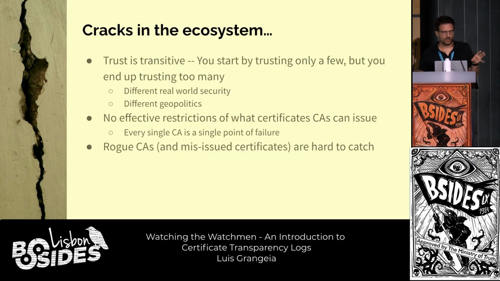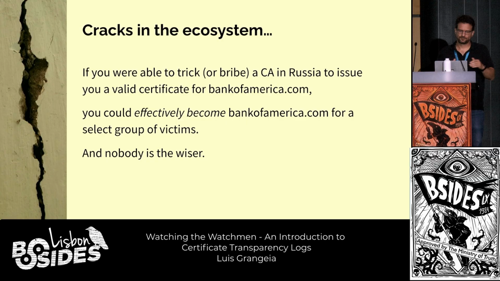This created a big problem because certificates were only seen by people who needed them. If I went to a website, I would see a certificate, and that would be between myself and that website. That's a problem.